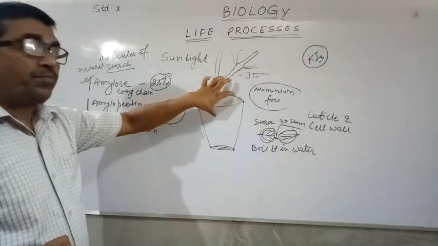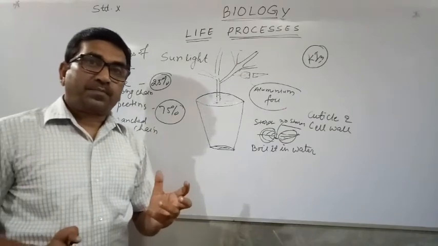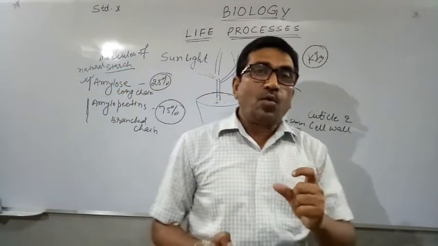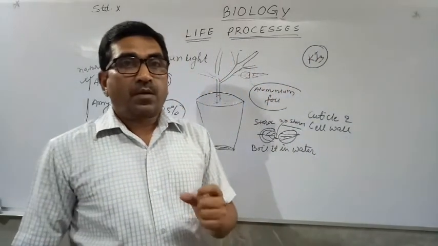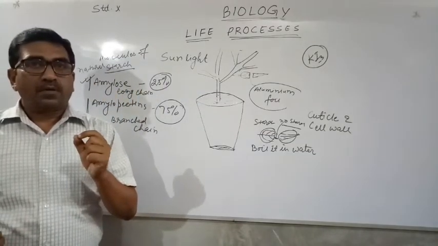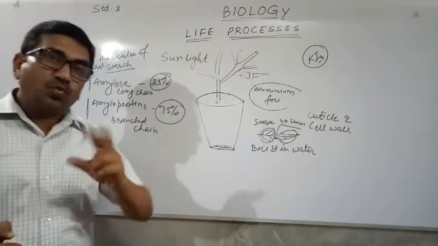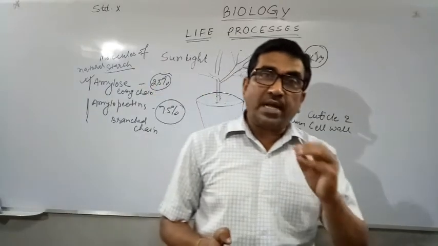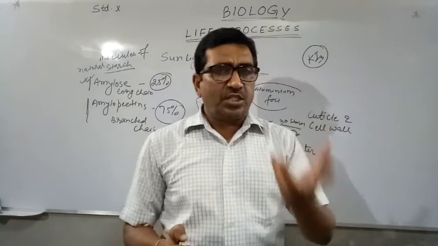Instead of a single-colored plant, we take a plant which has two colors, one green and one non-green. We take the example of the money plant. One leaf has two parts, two colors: one is green, another is non-green. We can say it is light yellow in color.